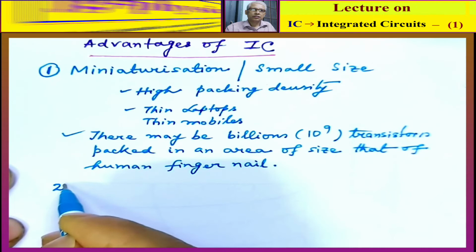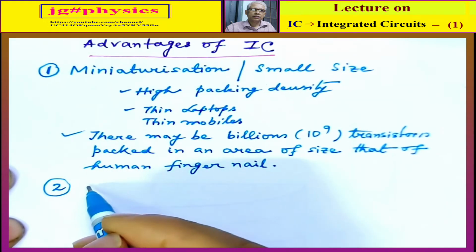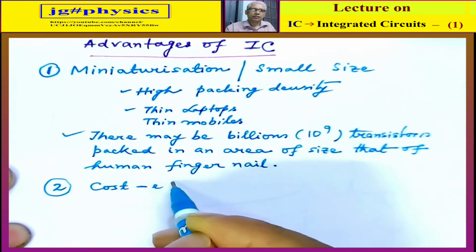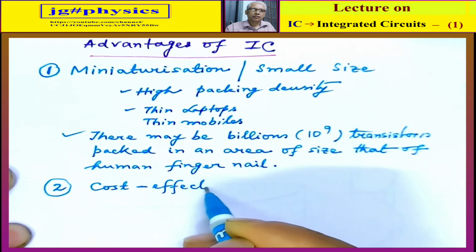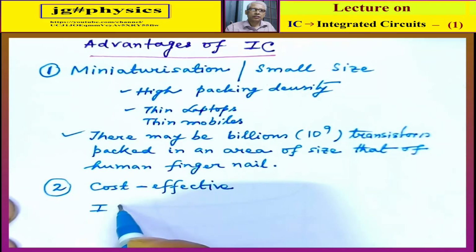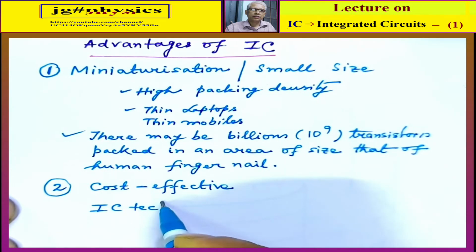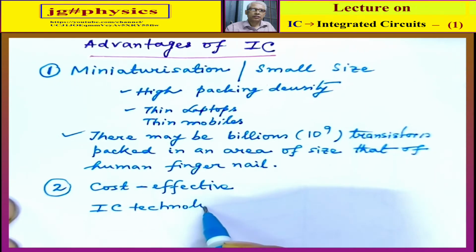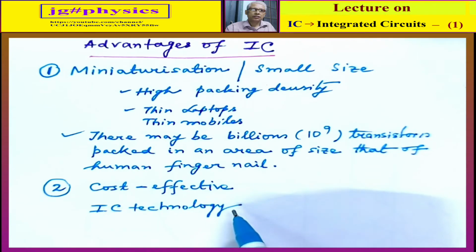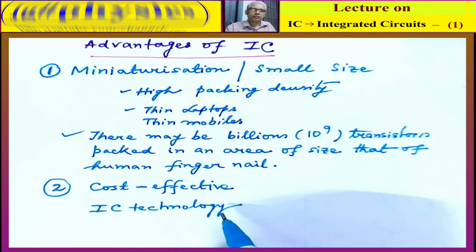The second point that strikes us is that integrated circuits are cost effective. The technology used in fabrication of large number of passive and active elements or components in a small space over a silicon wafer or substrate is called IC technology.